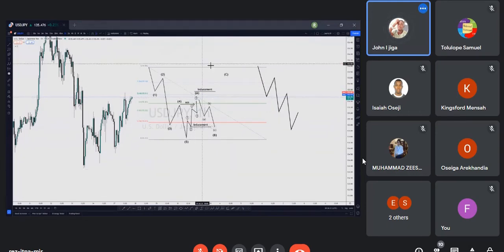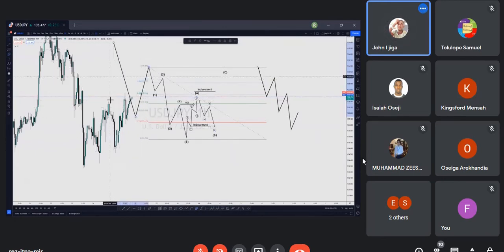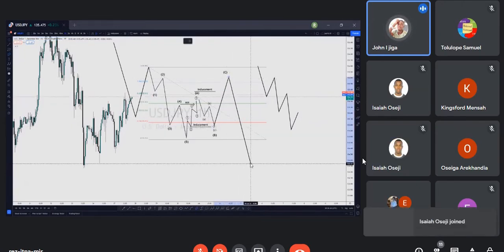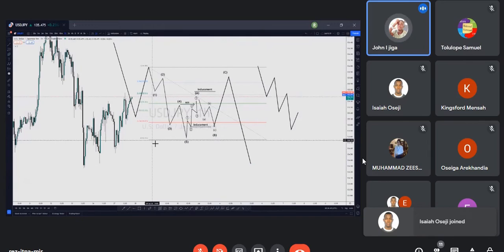this now tells you that C has to be formed within premium of this impulsive wave, which means if this is going to be holding, then we should have something like this, right? So this has to be a downtrend, and price should be retracing back into premium of this range, which brings price back down. I don't know if this is making sense to you.